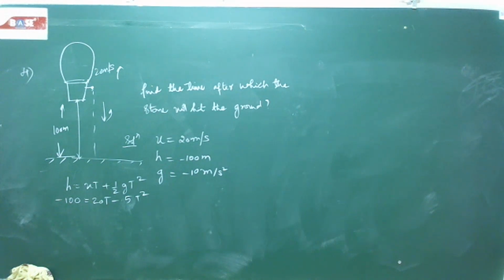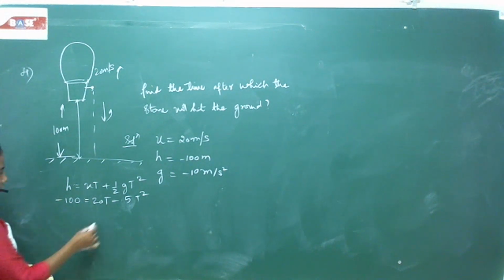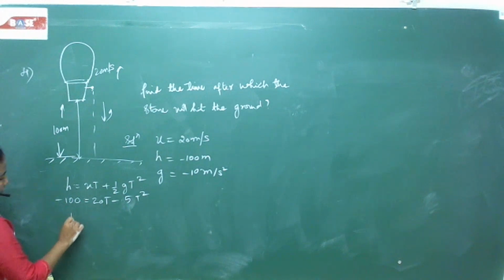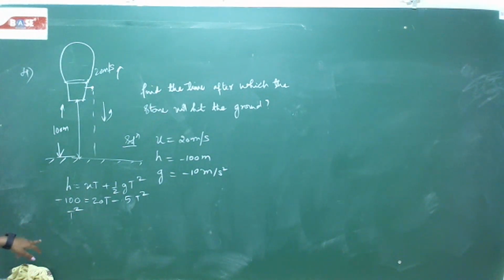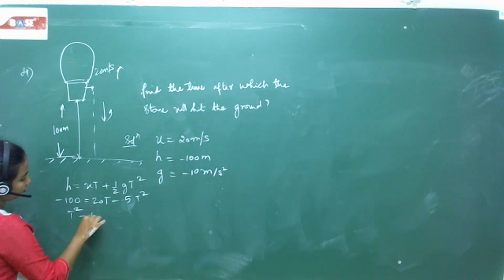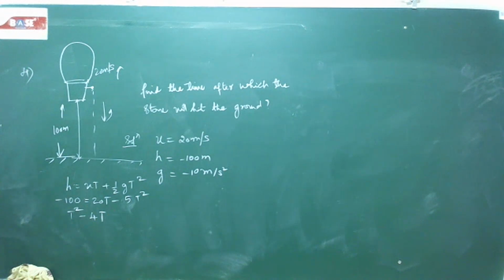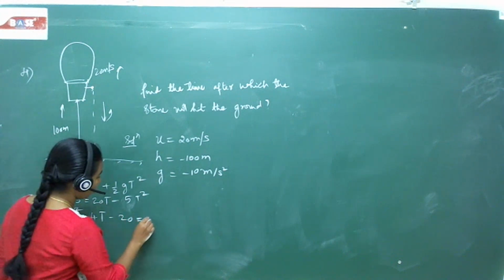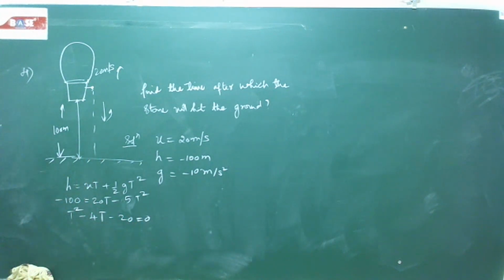If I take 5 common, this will be t square minus 4t. If I divide it by 5, minus 20 equal to 0.